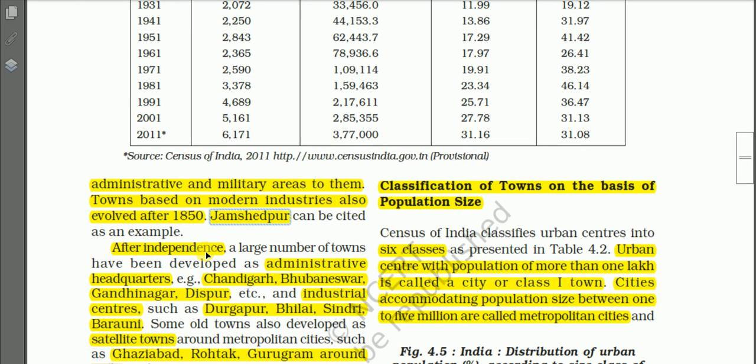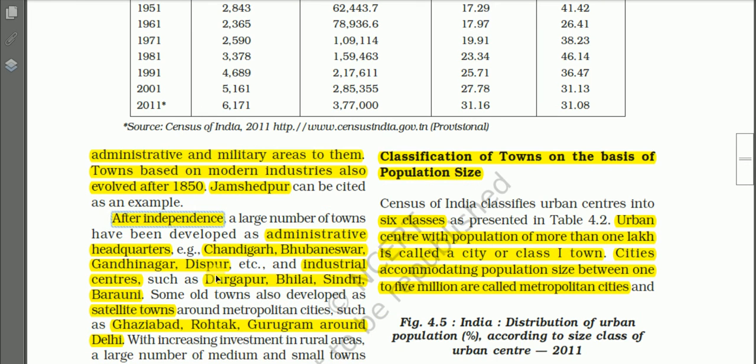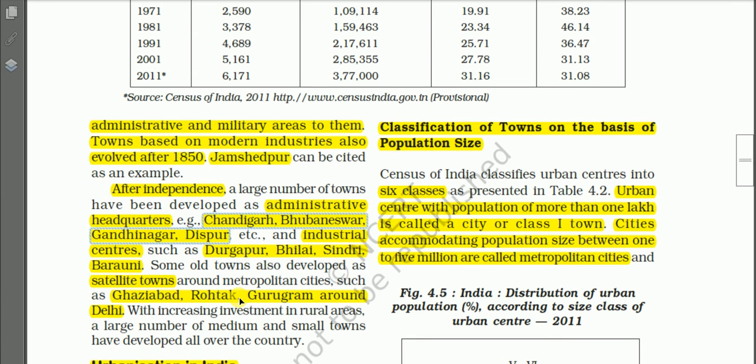Then after independence, a large number of towns have been developed as administrative headquarters, as state or union territory capitals. For example, Chandigarh, Bhubaneswar, Gandhinagar, Dispur, Imphal, etc. Then some towns developed as industrial centers, for example, Durgapur, Bhilai, Sindri, Barauni.